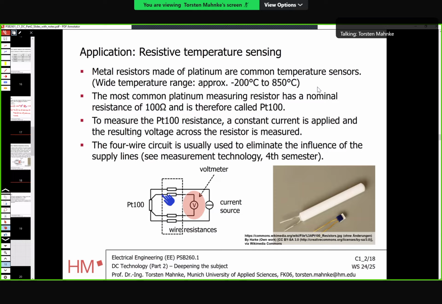In that case, almost no current will flow here, and you will have almost no voltage drop across these wires. You will get a good result regarding the resistance of the PT100. So that's the idea behind the 4-wire measurement. This, by the way, can be applied in many other practical cases too. Whenever wire resistance plays a role, you can try to apply this principle.